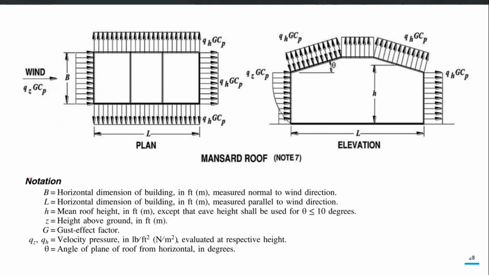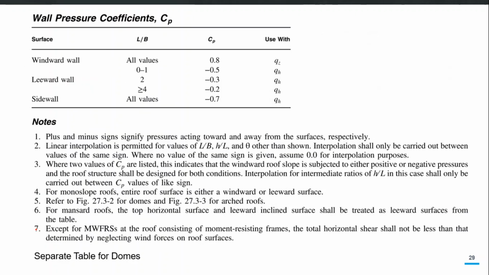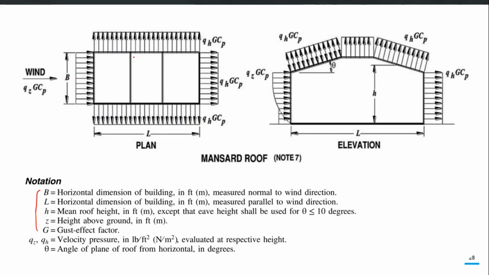So please remember this classification, this notation, in mind, because next I'll be explaining this table to pick these Cp values, and that table actually requires the aspect ratio L over B. So L is the horizontal dimension of the building measured parallel to the wind direction, and B is the dimension of the building measured normal to the wind direction.